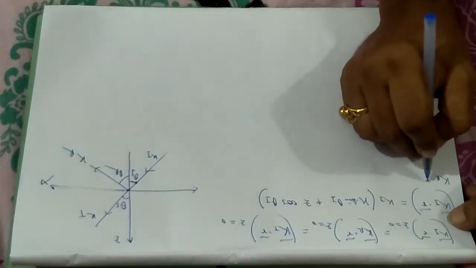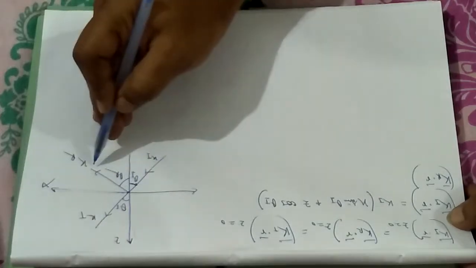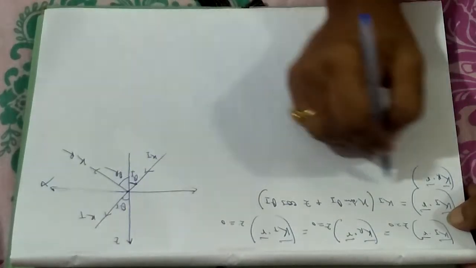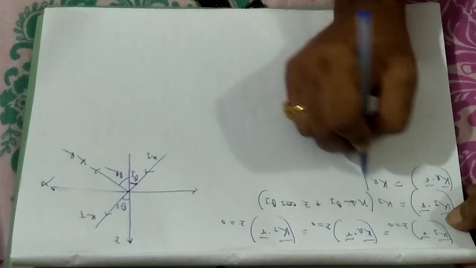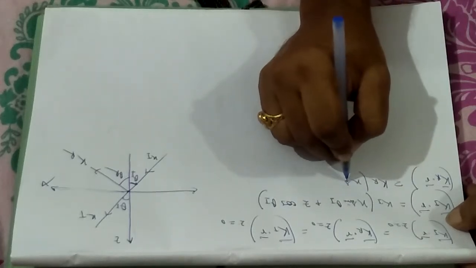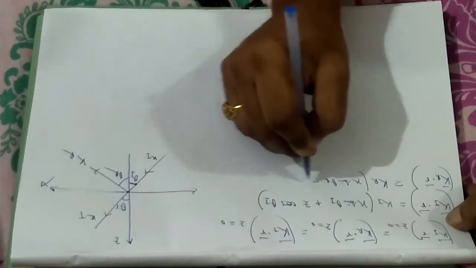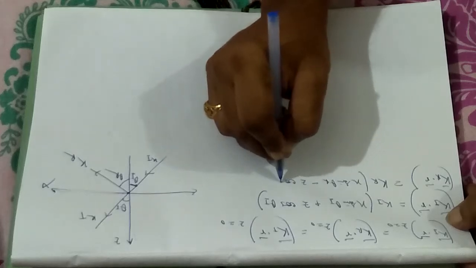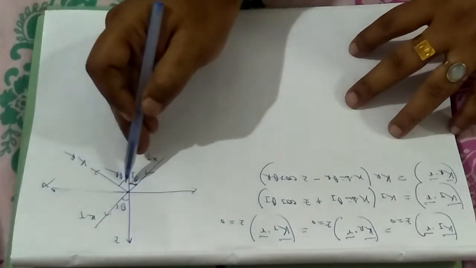Similarly, kr dot r, the reflected ray. Look, these are in opposite direction. So this can be written as kr into x sin theta r minus z cos theta r. Why minus?